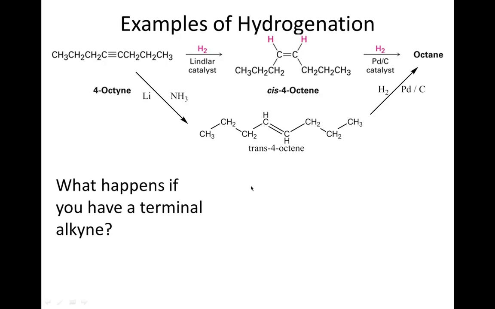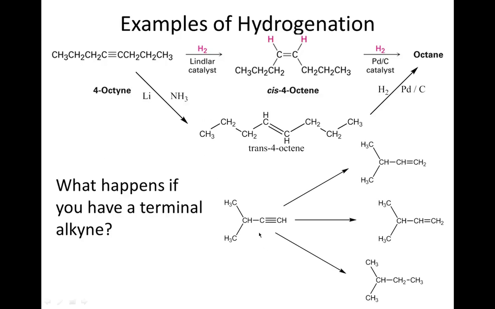So what happens if you have a terminal alkyne? Will it still work with either of these conditions? Well, yeah, it's still an alkyne. So here's an example. We could make this molecule by one of two routes. Here it is again. And we can also make the alkane. So what do you use?